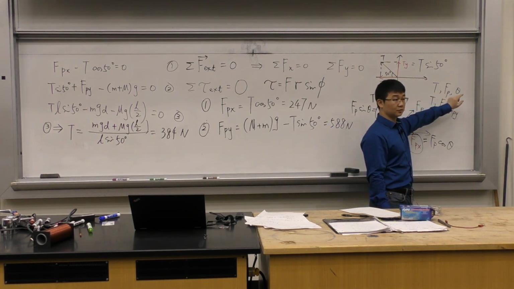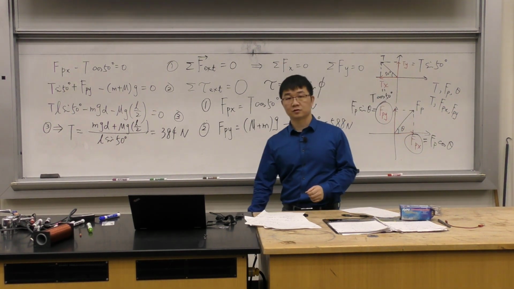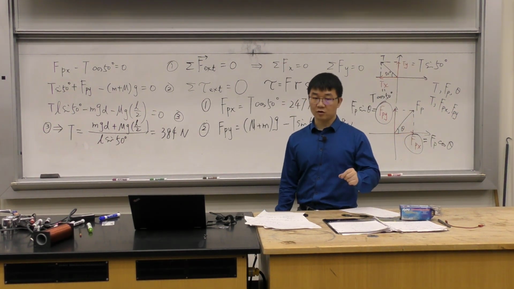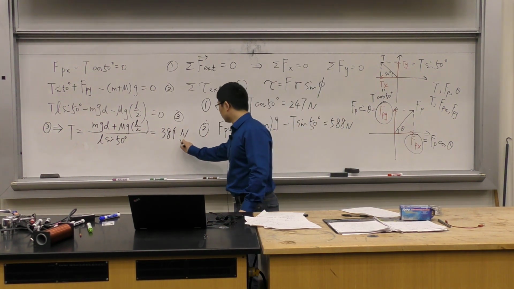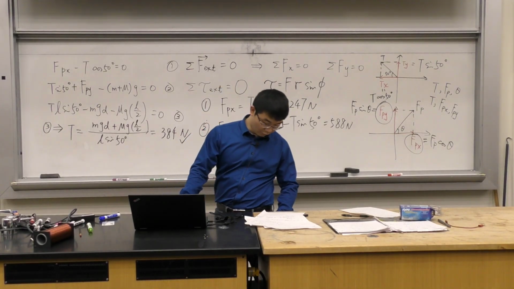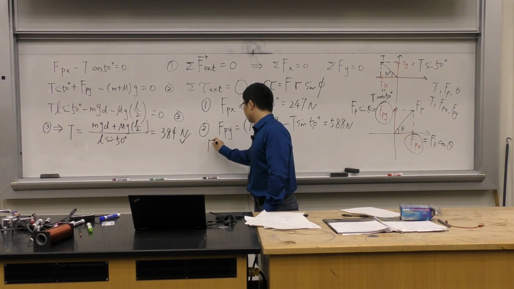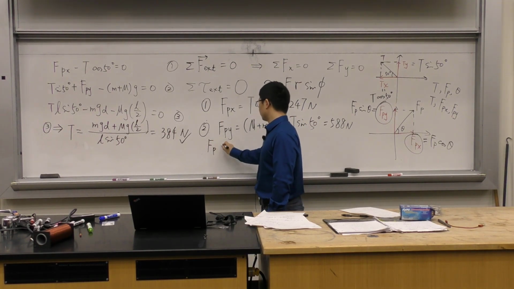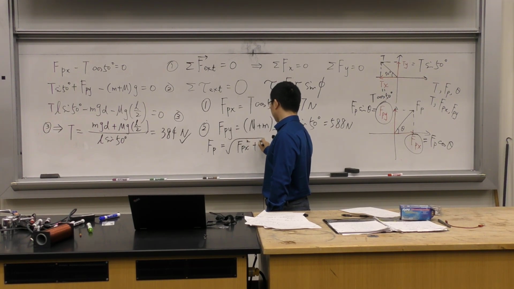Okay, you see, solving for three forces is going to be easier than solving for T force and angle theta, because you're going to have sine theta and cosine theta, and you're even going to take an inverse. It's just that the algebra is harder than solving for three forces. Now, this is going to be one of the answers we need. But then for the magnitude and direction of the force from the wall, you're going to combine these two. So the force from the pivot, which is just the force from the wall, is going to be the square root of x squared plus y squared.